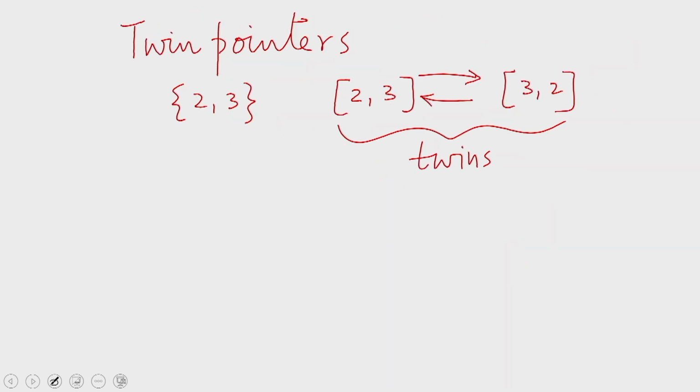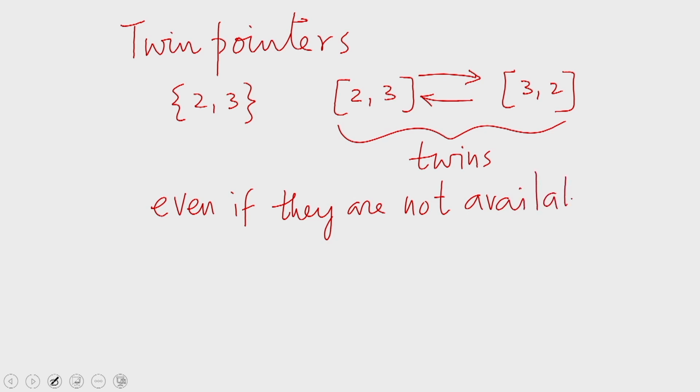Even if the twin pointers are not available, we can find them in order one time.